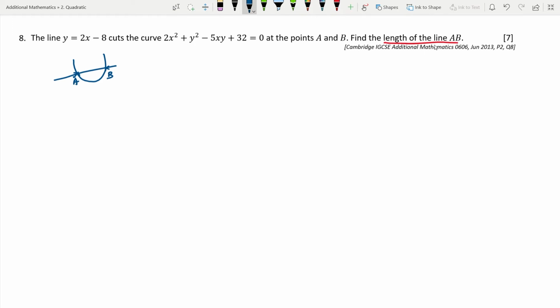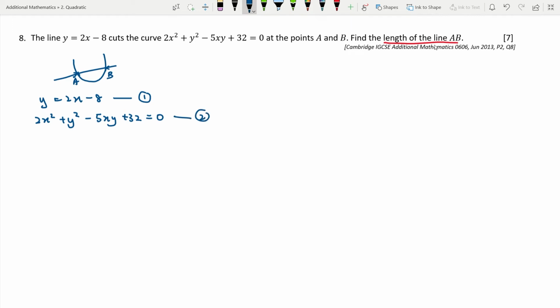The first information we have is y is equal to 2x minus 8. We let it be equation 1. And the second piece of information we have is 2x squared plus y squared minus 5xy plus 32 is equal to 0. We let it be equation 2.